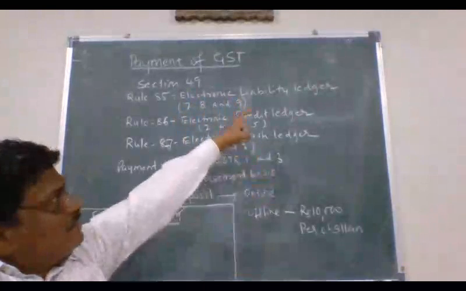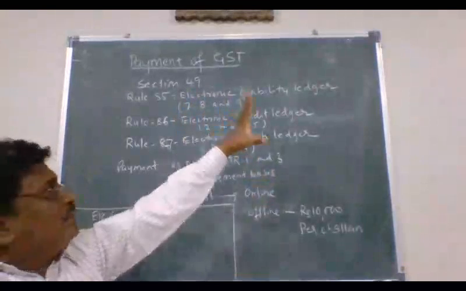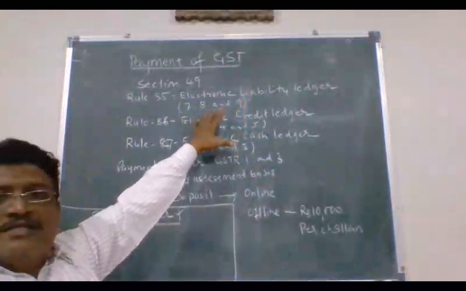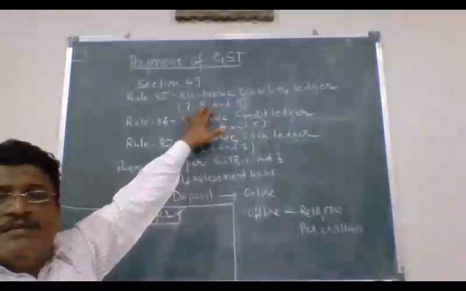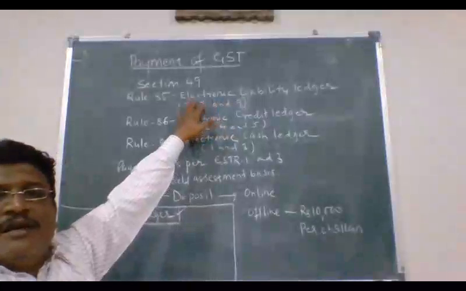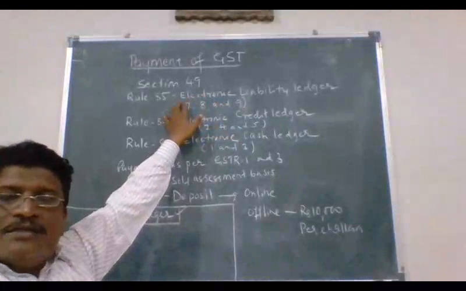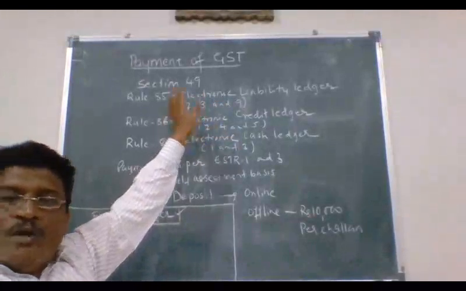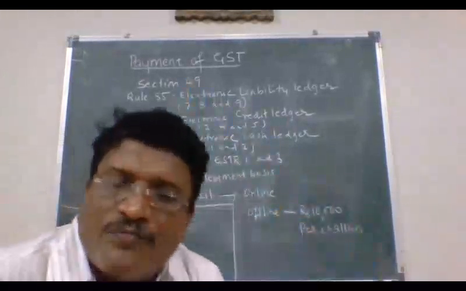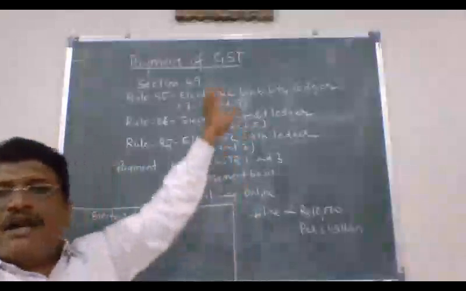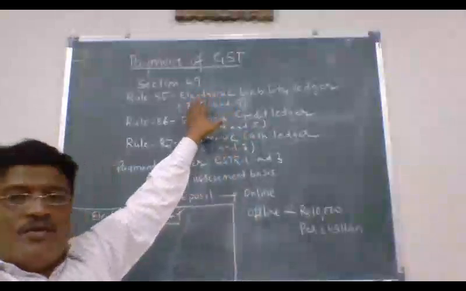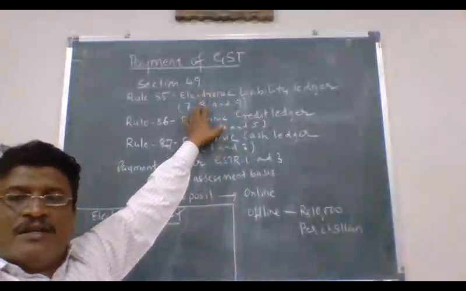As the word itself indicates, it is a liability ledger. This is the first ledger to be maintained by the registered dealer. It contains the total tax liability of the registered dealer. What is the total tax liability of the registered dealer?